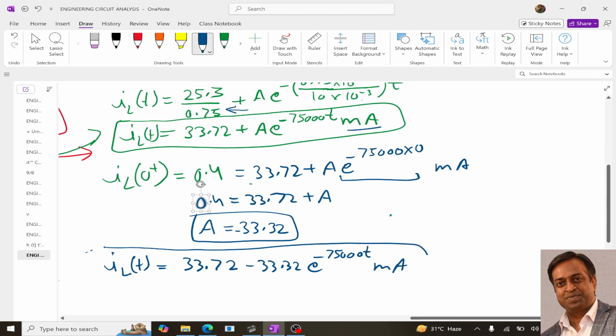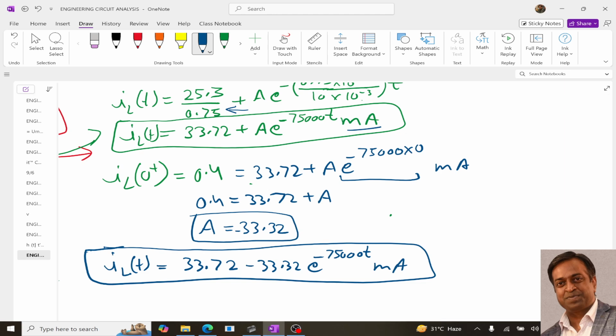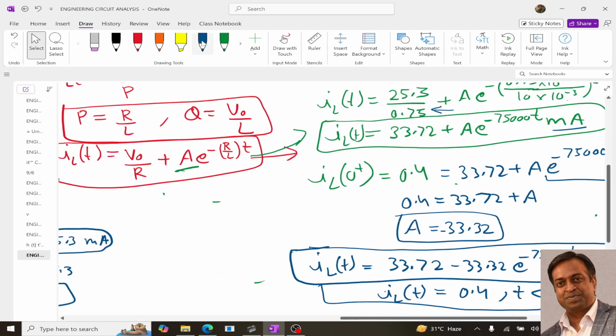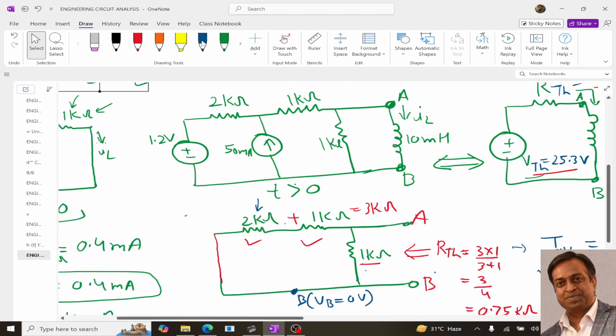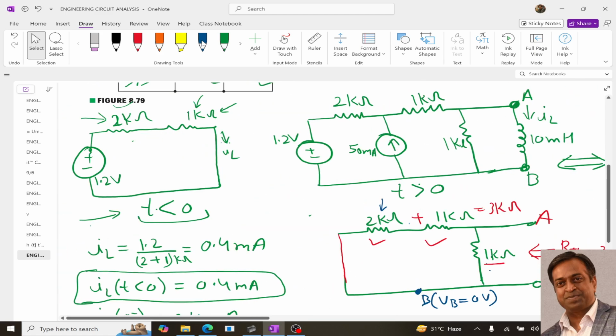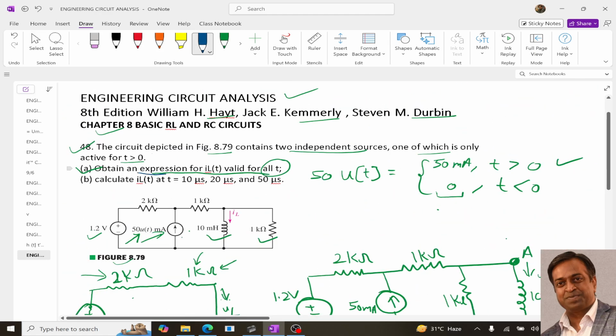This is our expression for the inductor current at t greater than 0, and the inductor current is equal to 0.4 for t less than 0. So this is our overall expression for the inductor current, and this is the first part of the question, which says we need to determine the expression of inductor current that is valid for all t. So this we have calculated.